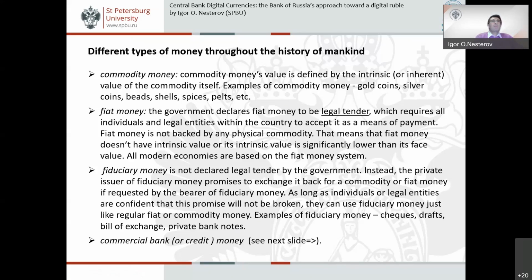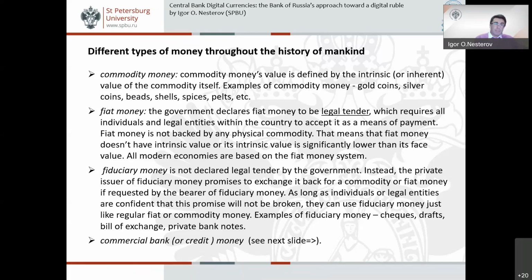So for example, a polar fox pelt has its intrinsic value because it could be used as warm winter clothes during the winters, and not only in winters, and it may also act as a medium of exchange.